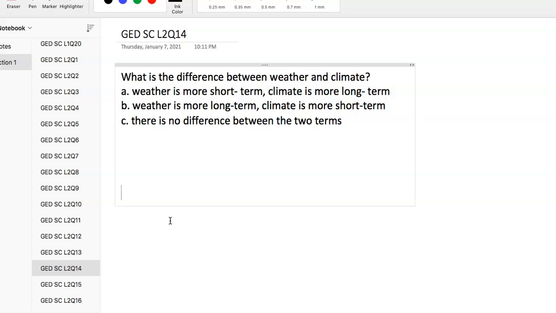Okay, only 3 answer choices for this one. Difference between weather and climate. Okay. That one. Weather is short term, climate is long term. Right? So if somebody is talking to you, this can happen sometimes.